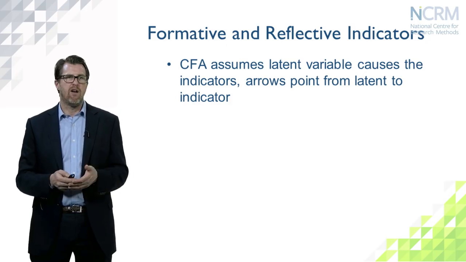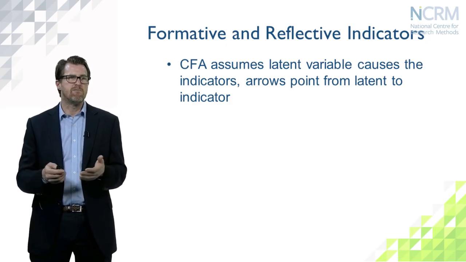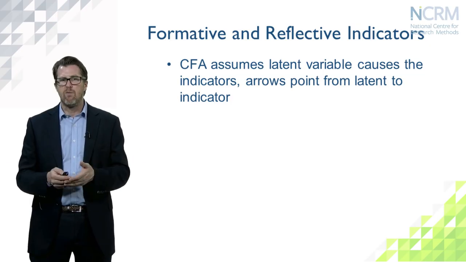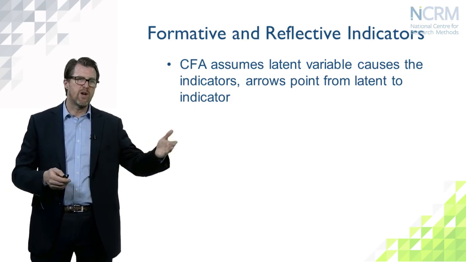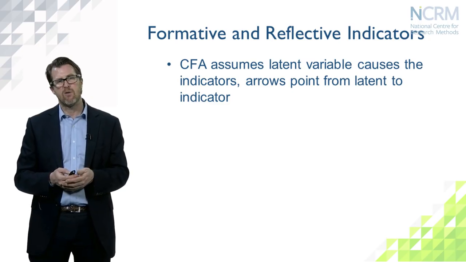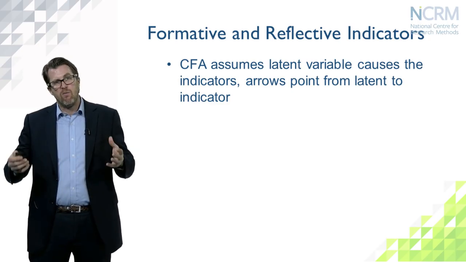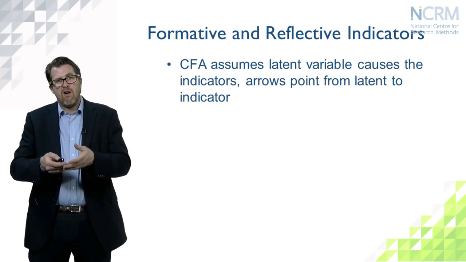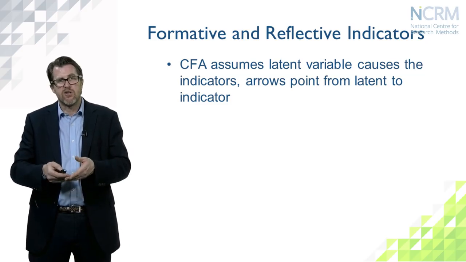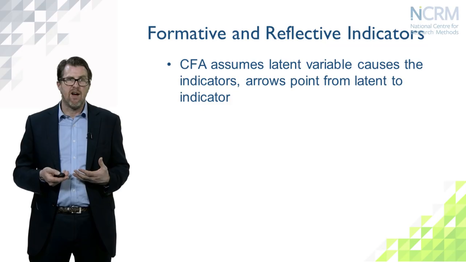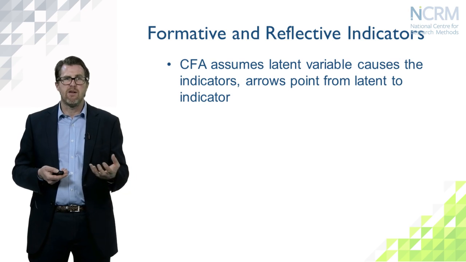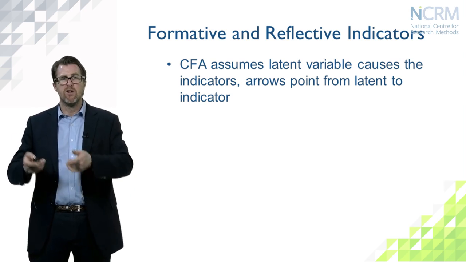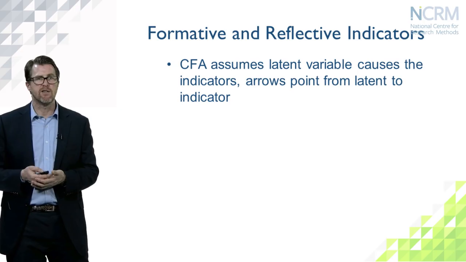So we can think of that as meaning if we're trying to measure, let's say, someone's social capital, and we've asked lots of questions in a questionnaire, that what's actually causing their answers to those questions in the questionnaire is their underlying level of social capital. So the causal arrow points from the latent variable to the observed indicators.